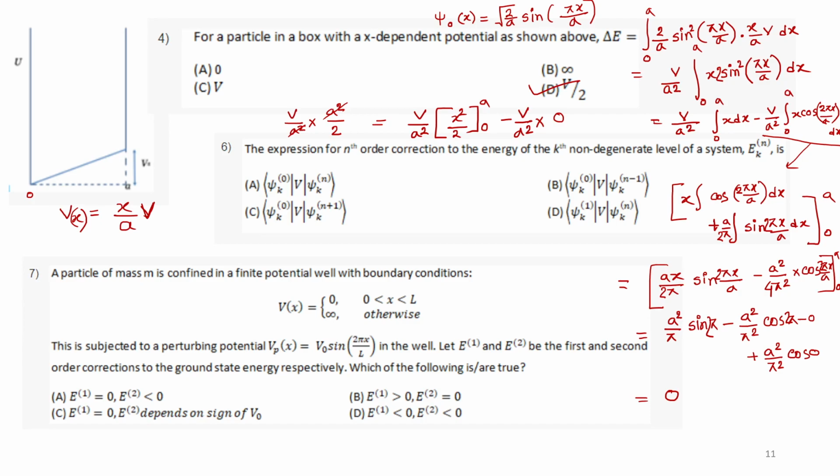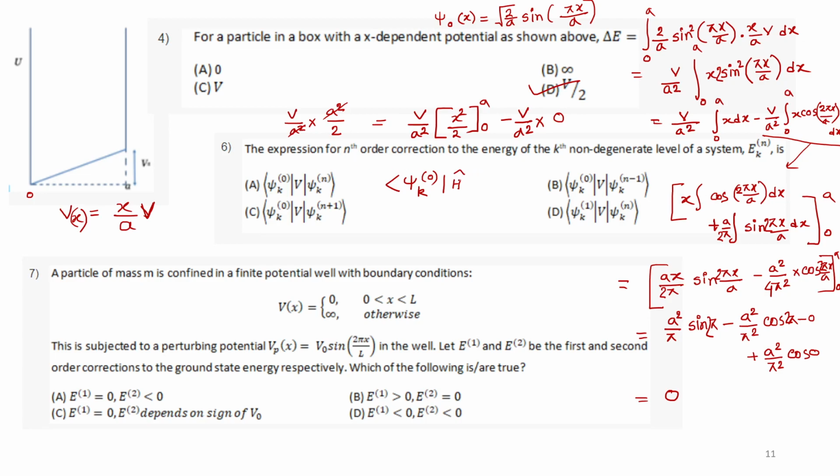Now the next question is: the expression for the nth order correction to the kth degenerate level of a system, E_k^(n). So that would be psi k 0. Now it is your perturbation, first order perturbation, right?